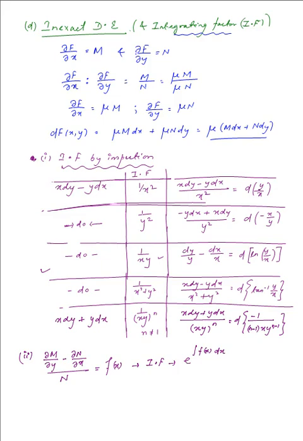Now if we have this ∂M/∂y minus ∂N/∂x, for M dx plus N dy, to be divided by M, which gives me a function of y, then the integrating factor in this case is going to be, these are predetermined, so we need not be worried about methods of finding them.